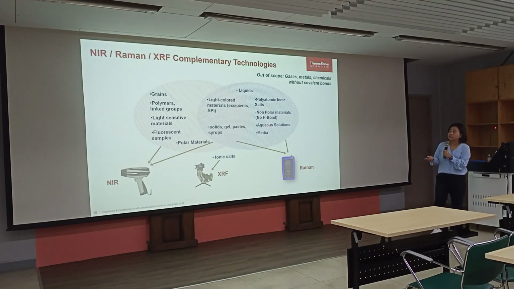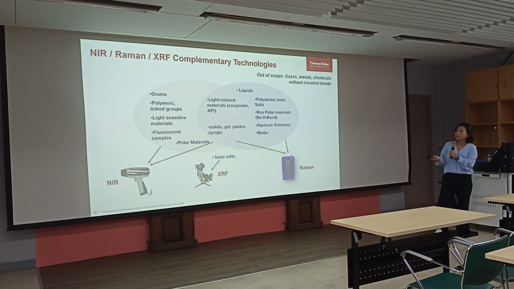Because we have different techniques, TruScan RM cannot do everything, cannot do 100% of the raw material in your warehouse. That's why they come with different technologies like I shared before. We have NIR technology, we have XRF, and also we have Raman technologies.